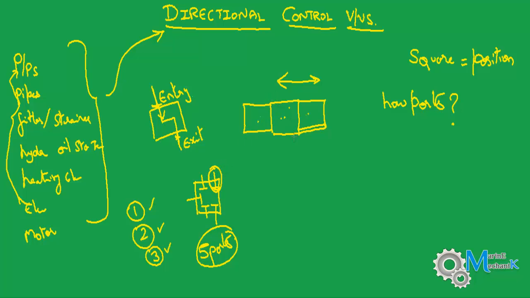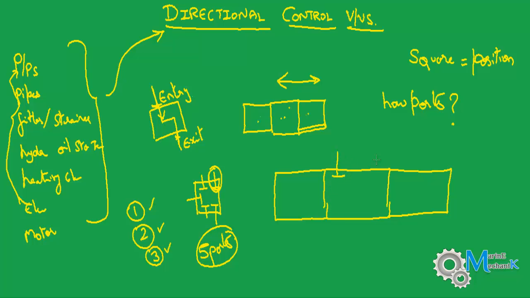So I will draw once more a 3-position valve. That's one square, one position. The second square, and let this be the third square, that is a 3-position valve. To indicate the ports, it is usually represented in the center, that is the central block.